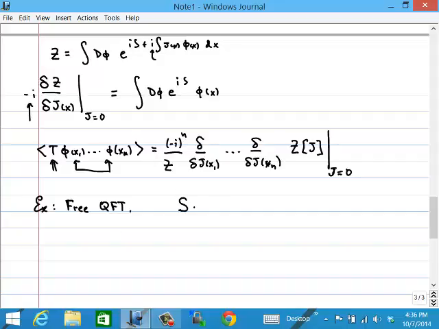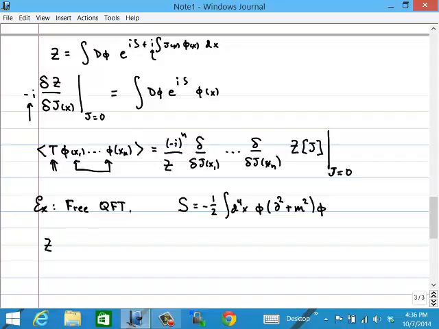So in a free quantum field theory, the action is just the integral d4x of minus 1/2 of (1/2 (dφ)^2 minus m squared phi squared). What I'm going to do is integrate that by parts so that the action looks like this. So I've just neglected an overall total derivative, so a boundary term.